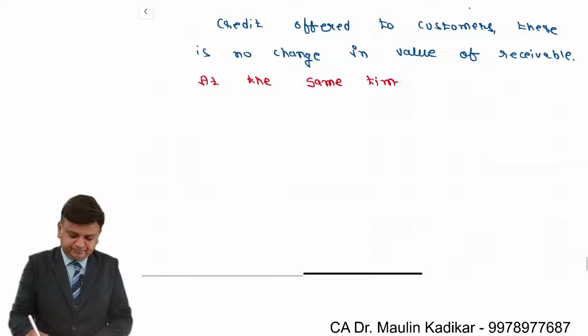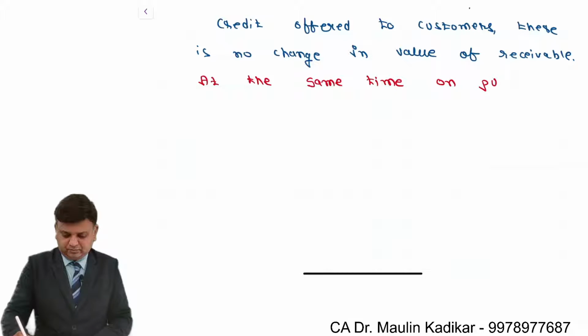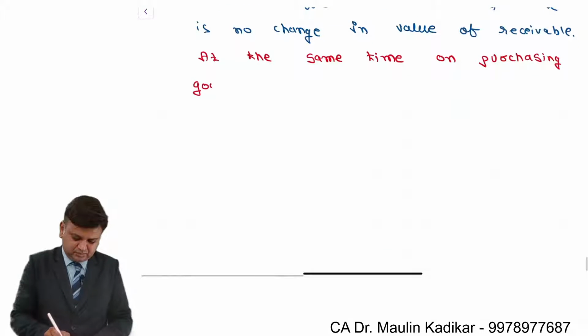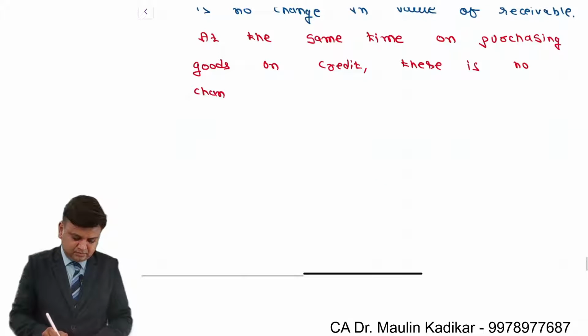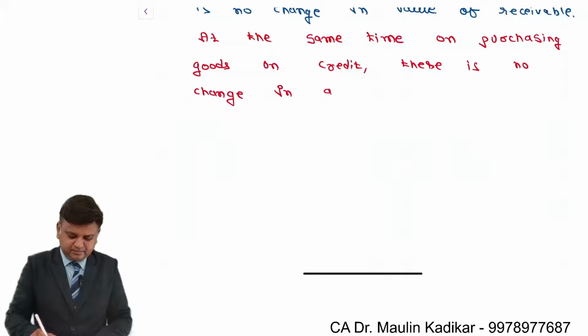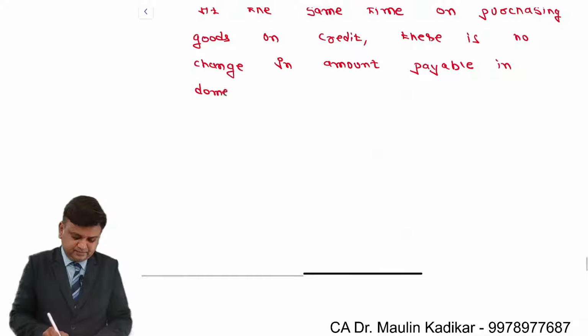At the same time, on purchasing goods on credit, there is no change in amount payable in domestic transaction.